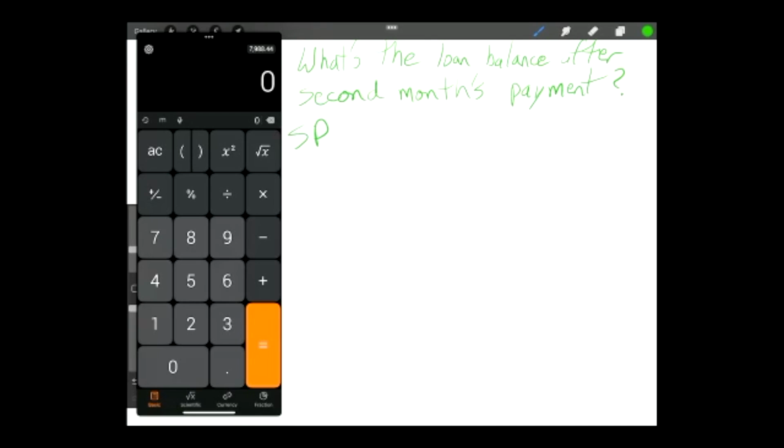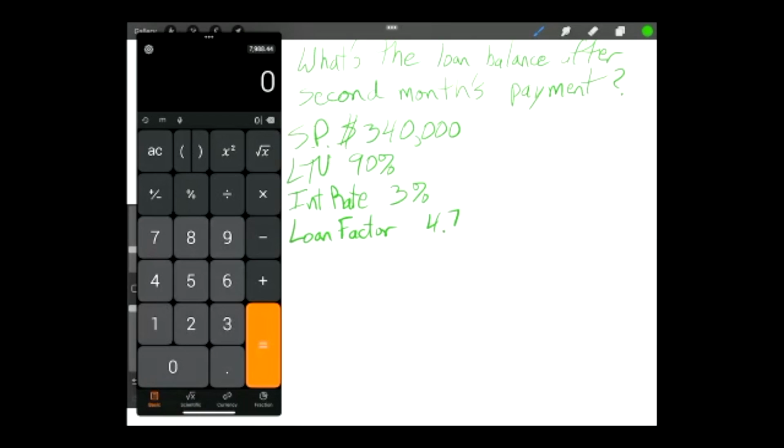Our sale price is $340,000. Our loan to value ratio is 90%. Our interest rate is 3%. Our loan factor is 4.78. I think that's all we need.